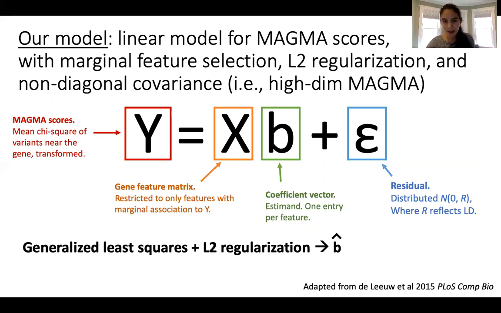That gives us B hat, and if we want to score a gene G, we just take the dot product between its feature vector and B hat. One thing to note is that as we're learning B hat, we do this in a leave-one-chromosome-out framework, so that when we're scoring a gene, we haven't yet used the GWAS data at that locus.